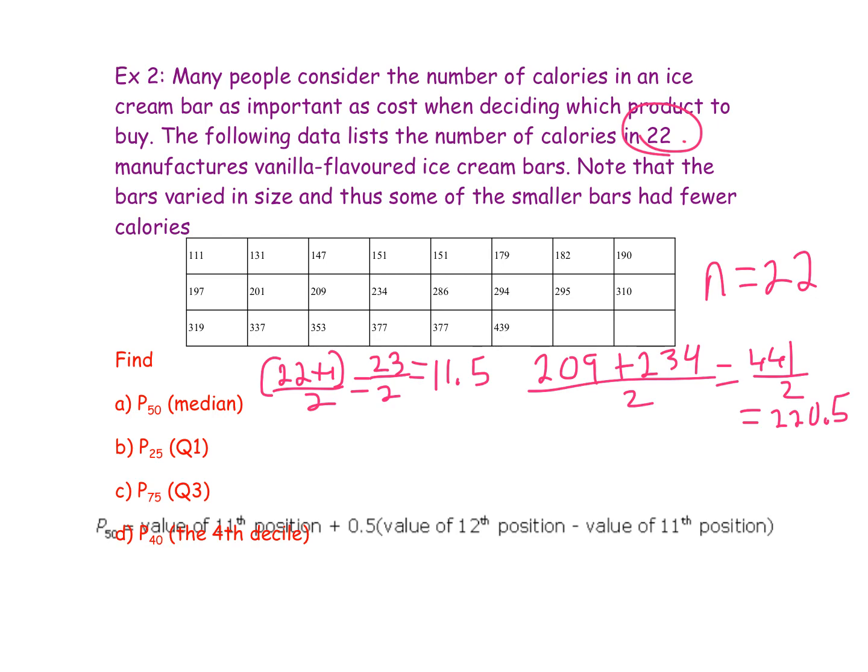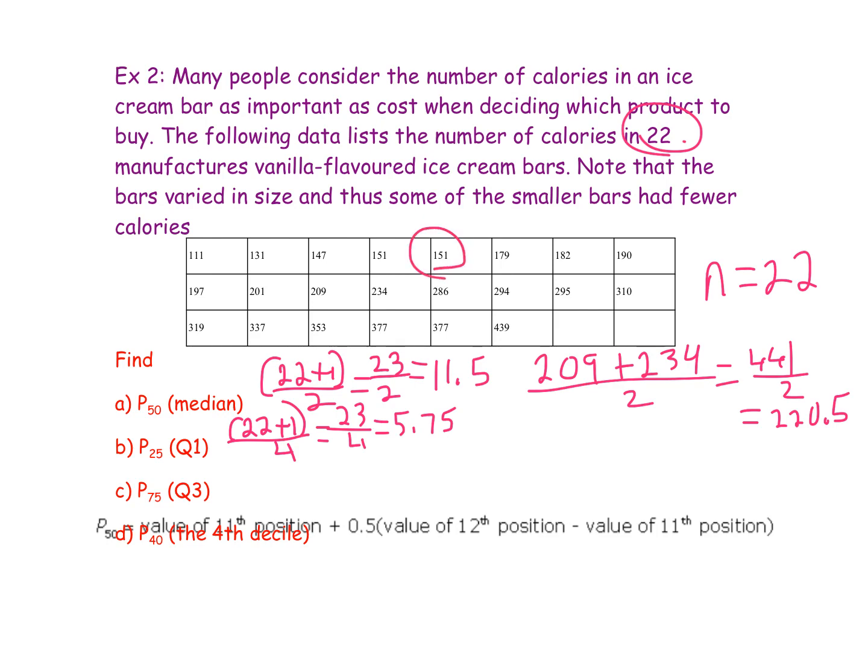If I want Q1, then I'm going to do it a little bit differently. I'm going to do 22 plus 1, but this time I want just the first quarter of the data. So I have 23 over 4. And that's 5.75. So now I'm going to look for the fifth number, 1, 2, 3, 4, 5.